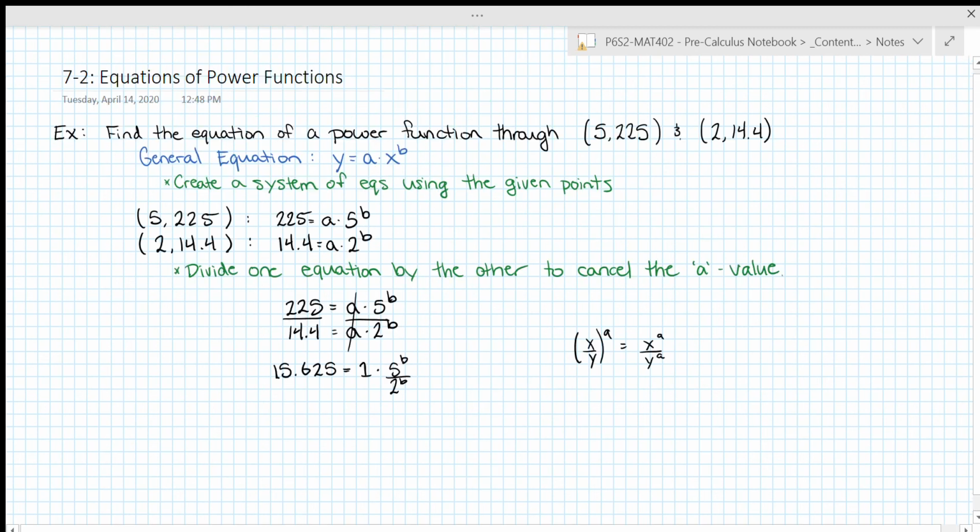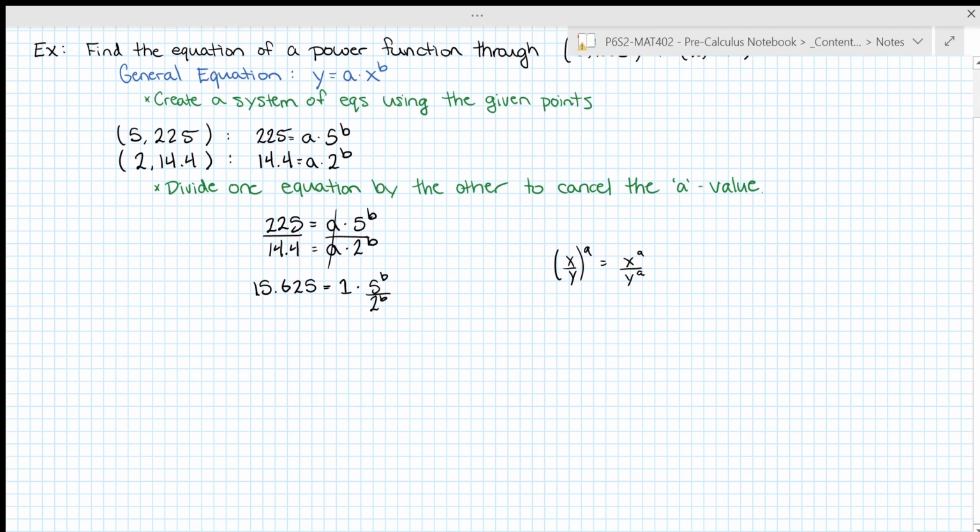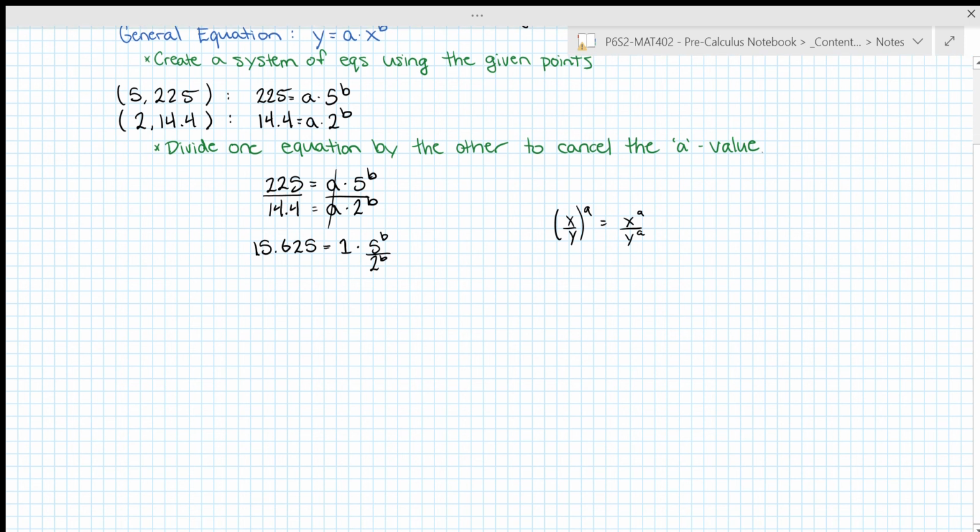I can work both ways, backwards and forwards. You're usually used to seeing it go the other way, but we can also split this up. So this 5 to the b divided by 2 to the b just becomes 5 halves to the b power, or 2.5 to the b. 15.625 equals 2.5 to the power of this unknown variable.